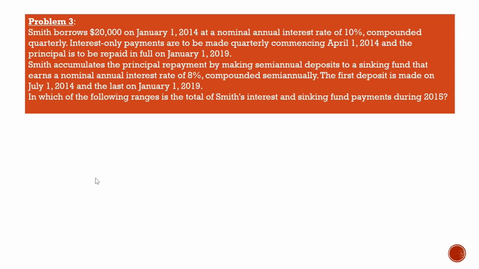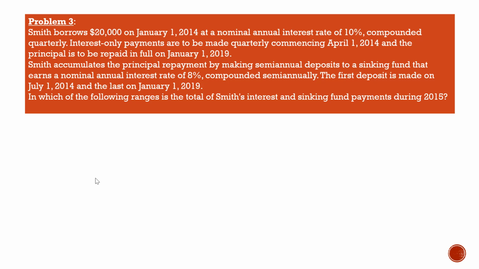Problem number 3. Smith borrows 20,000 on January 1st, 2014 at a nominal annual interest rate of 10% compounded quarterly. The interest-only payments are to be made quarterly commencing April 1st, 2014, and the principal to be repaid in full on January 1st, 2019.